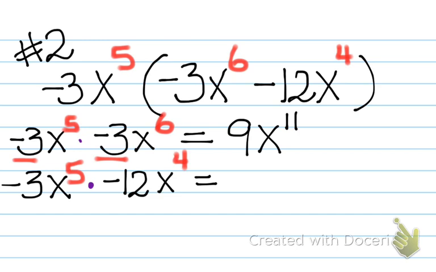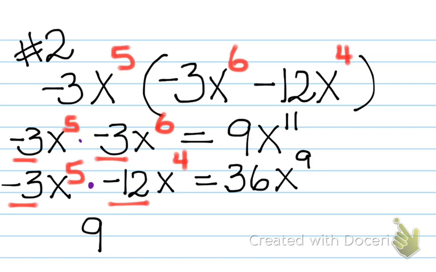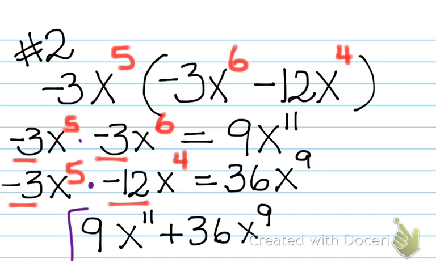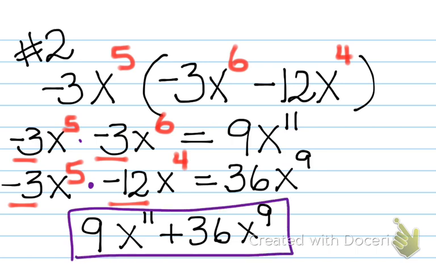I multiply the coefficients, negative 3 times negative 12, which gives me 36. And then I add the 5 plus the 4 to get x to the ninth. And then in the end, I just put them together. The final answer is 9x to the 11th. And since 36 is positive, I put positive 36x to the ninth. This is called my answer.